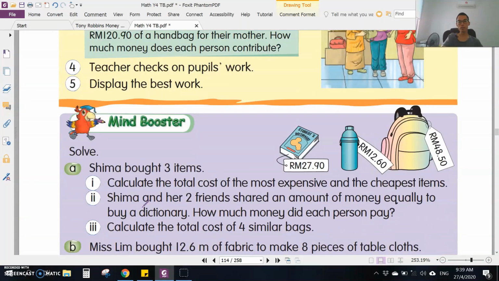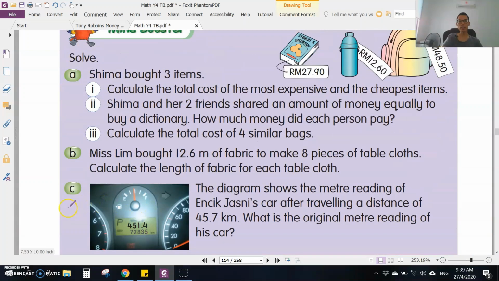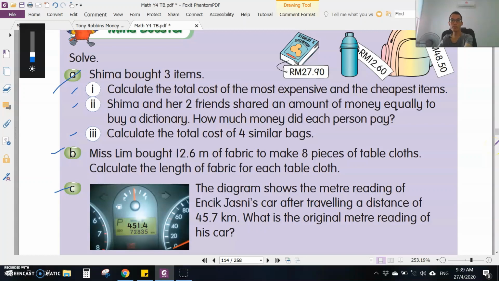Okay, now you try the exercises. There are 3: A, B and C, and in A you have 1, 2 and 3. So this is your homework for today. Solve the problems. It can be plus, minus, or multiply or divide. There are 4 operations involved here.